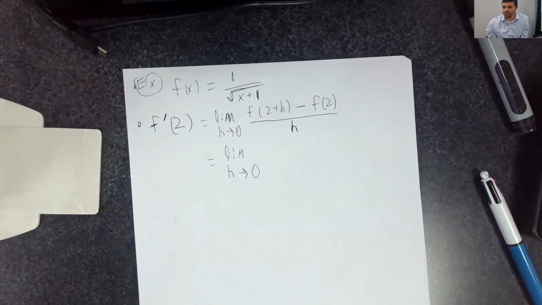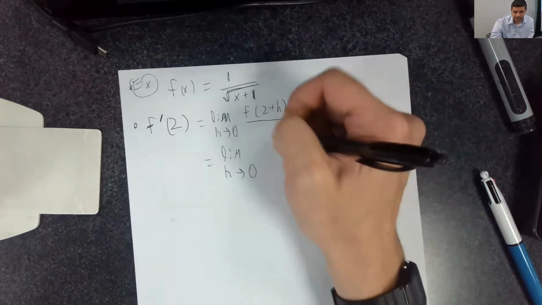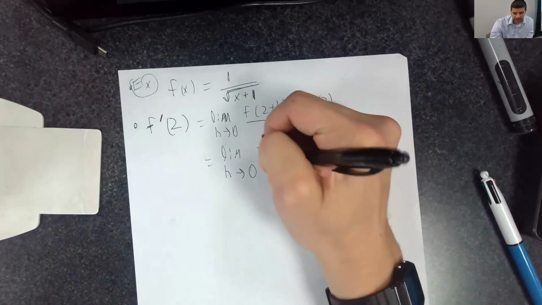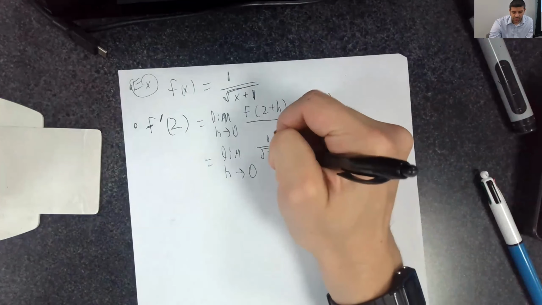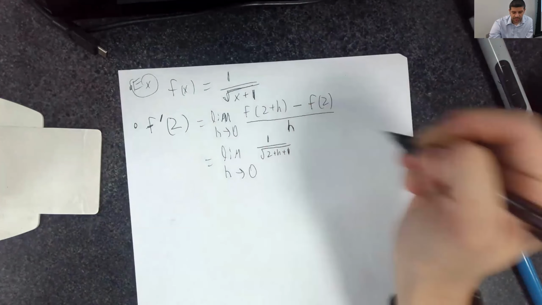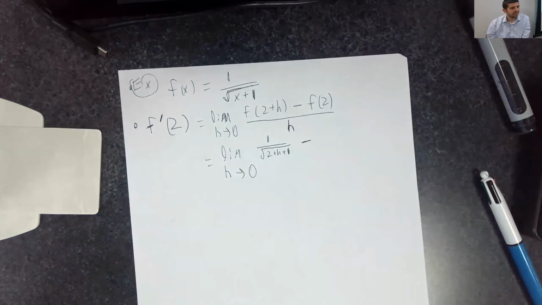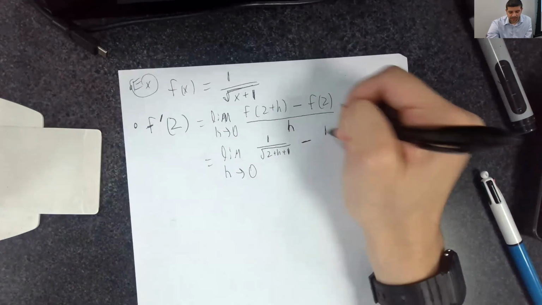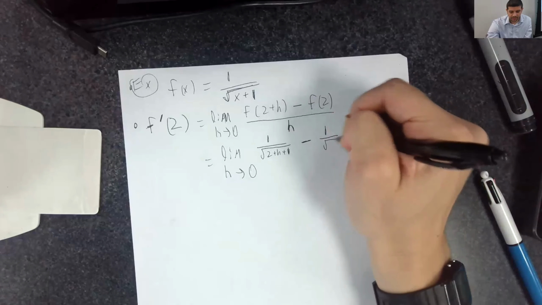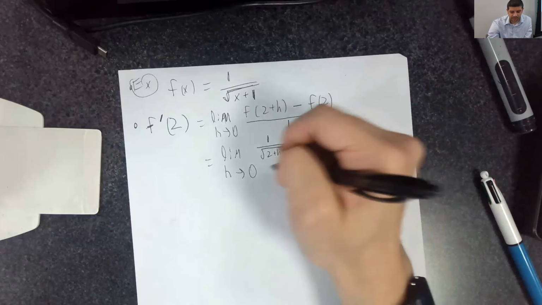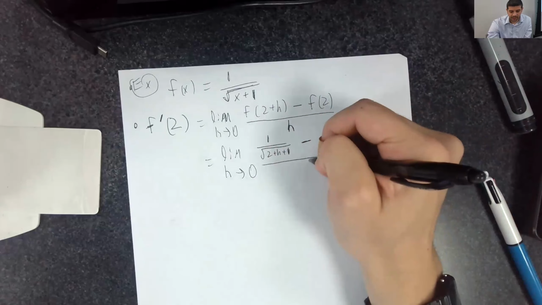If I plug in 2 plus h, what do I get? Right, 1 over radical 2 plus h plus 1, minus what? Right, 1 over radical 2 plus 1, which is rad 3, divided by h.